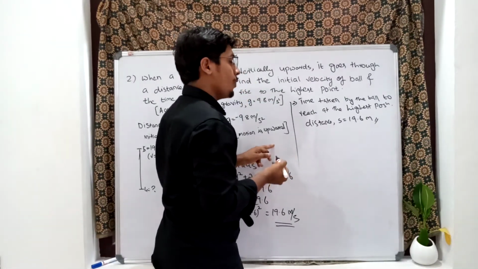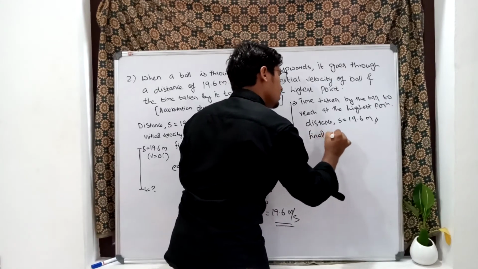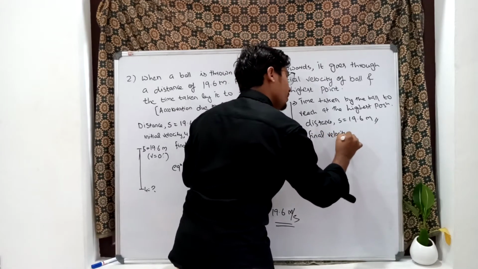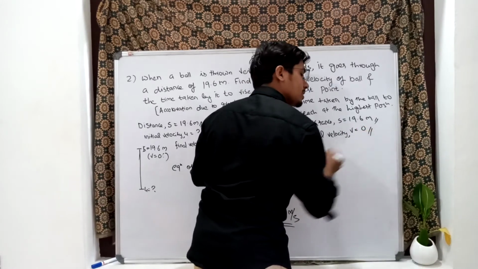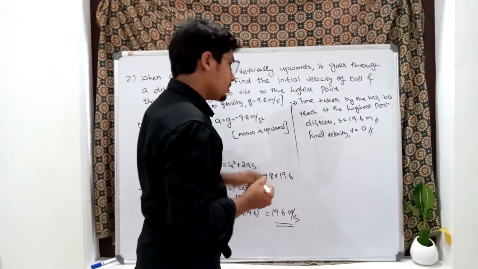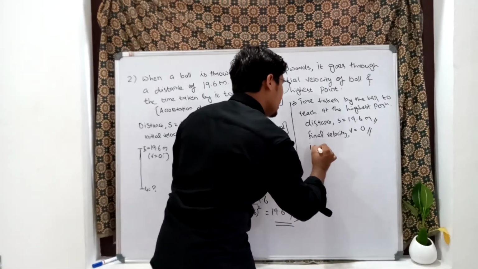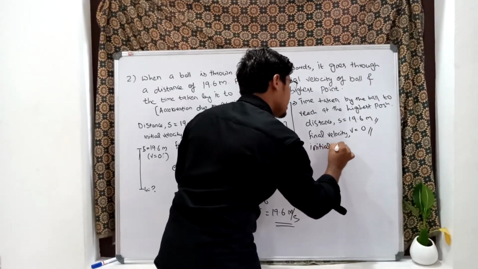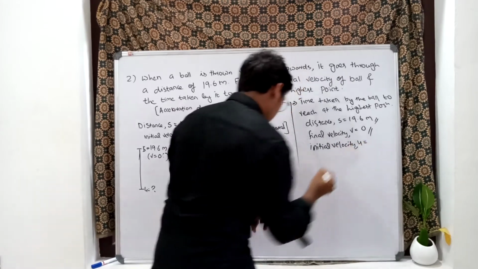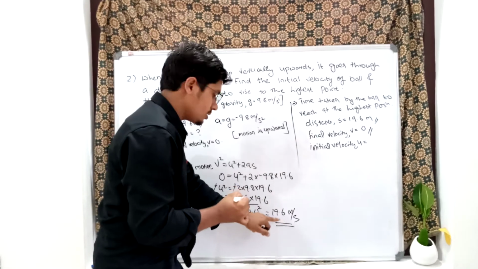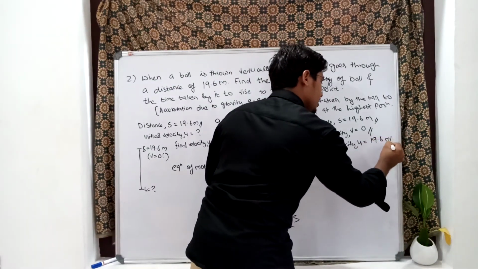Next, we know the final velocity V equal to 0 meter per second, and we know the initial velocity. We have found that the initial velocity u is 19.6 meter per second.